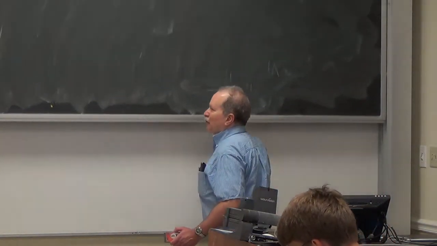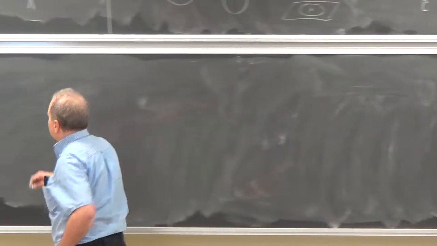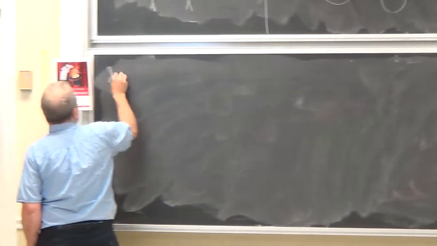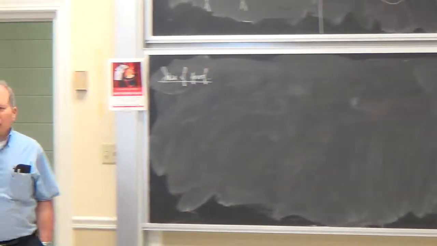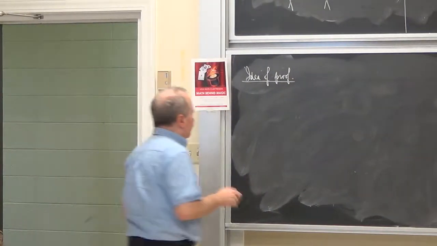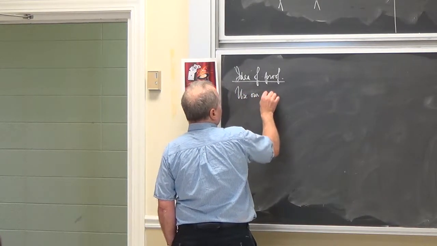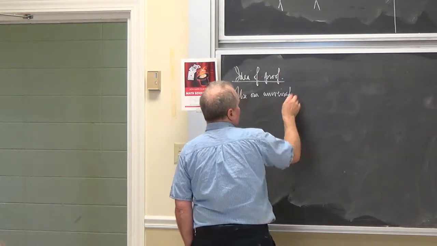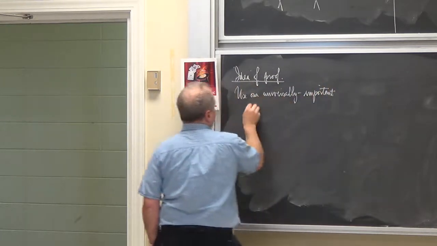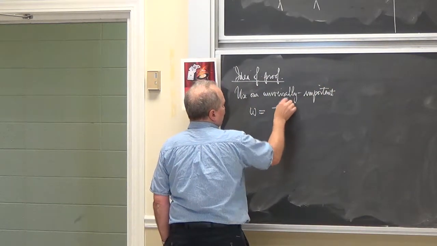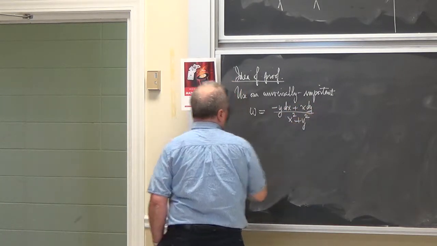All right, so here's the idea. If it had no roots, we're going to use our universal one form, our ubiquitous one form, which is defined where?